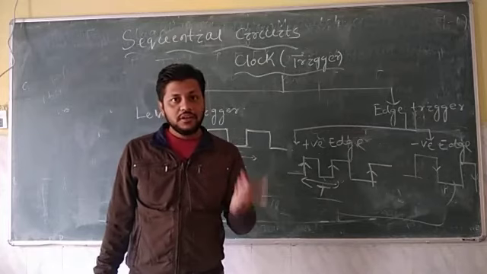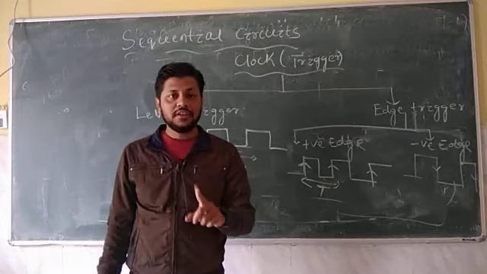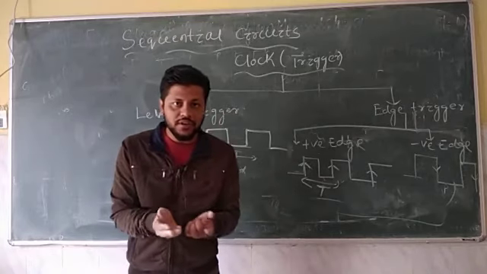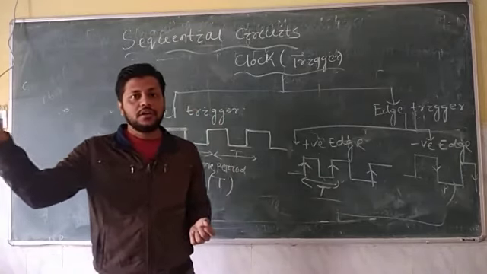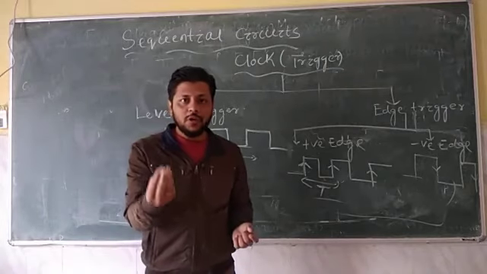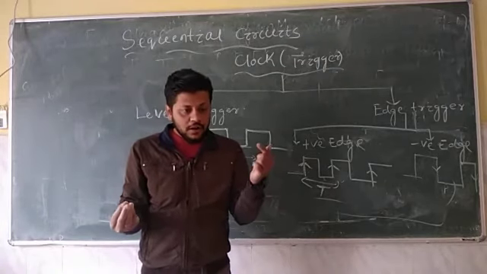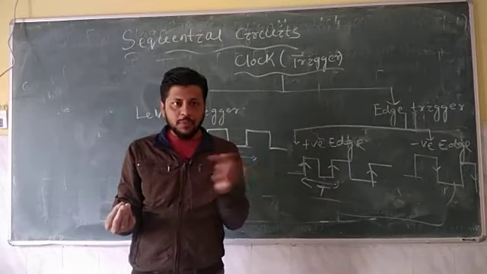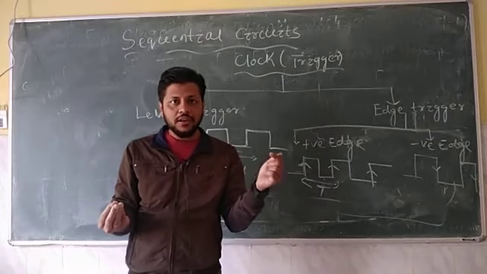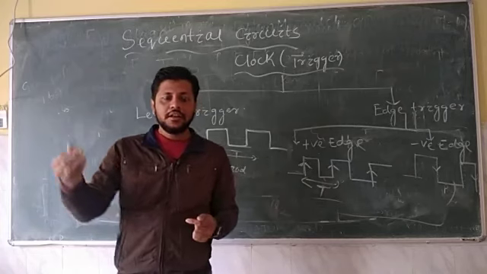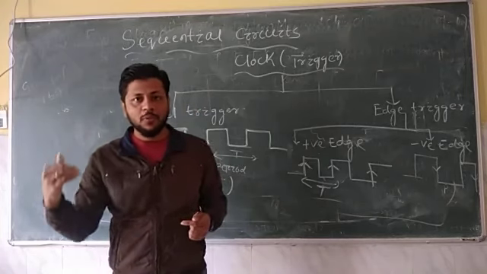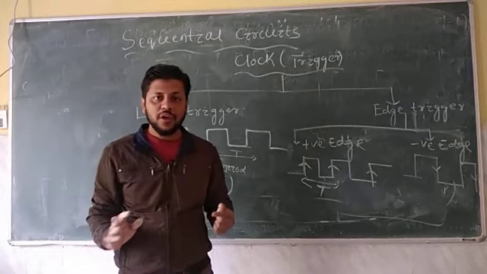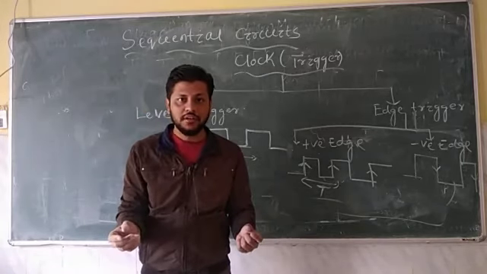Bistable means that if you have a sequential circuit whose output is 1, until a clock or trigger signal is applied along with the input signal, it will not make the transition from 1 to 0. It will stay at 1 only. So that's why this circuit is known as a bistable circuit.